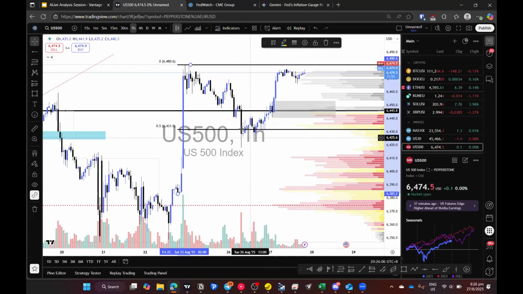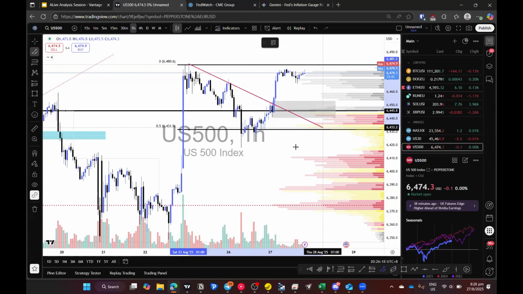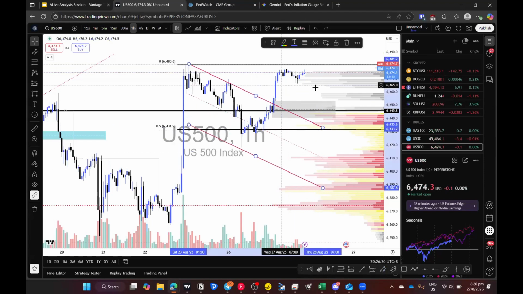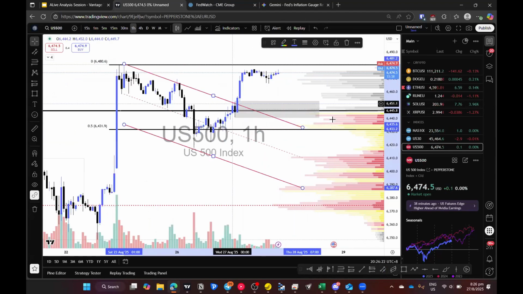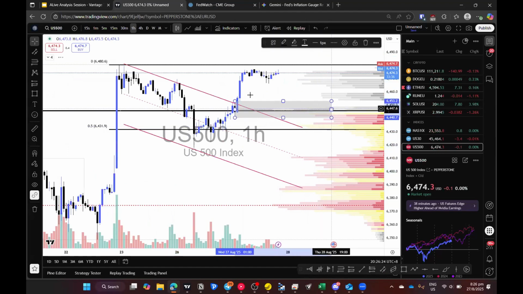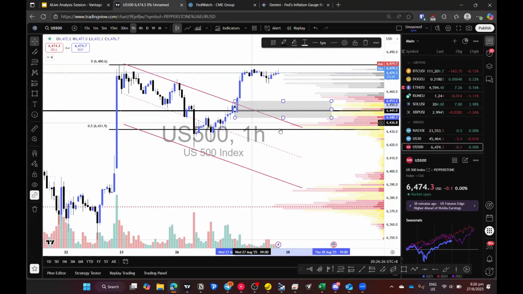This is 50% of that move, and then it continues its move. So some of you might be looking at this and saying, look, this is a bullish flag, and it has broken out of this bullish flag. So this is potentially the prime demand zone.